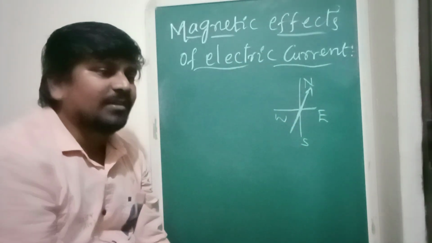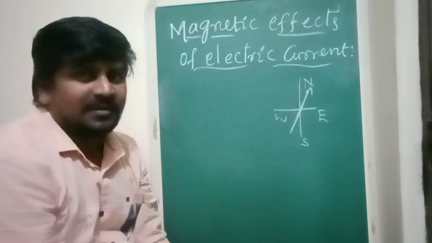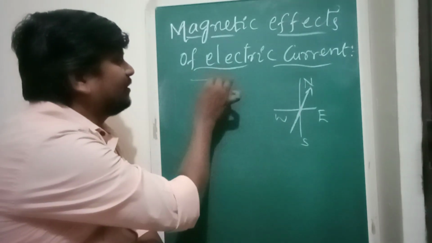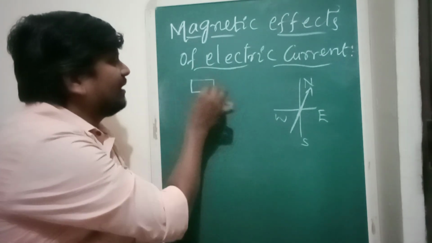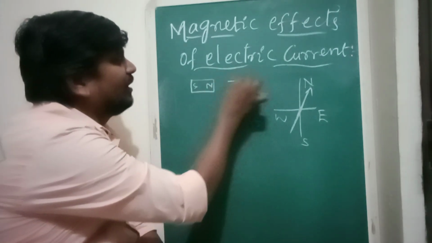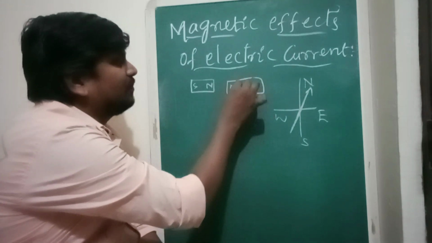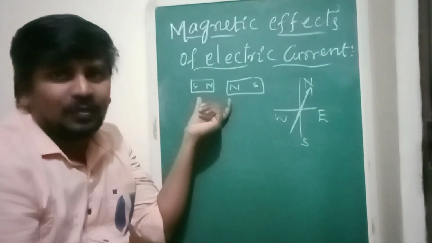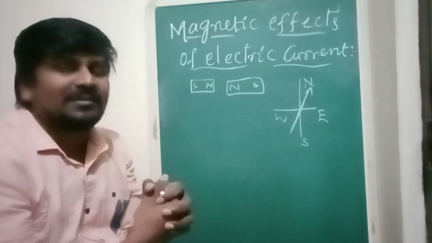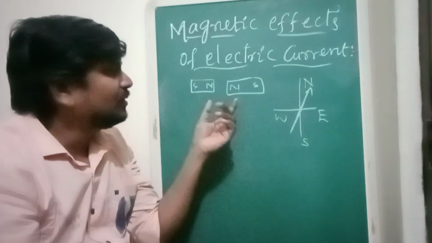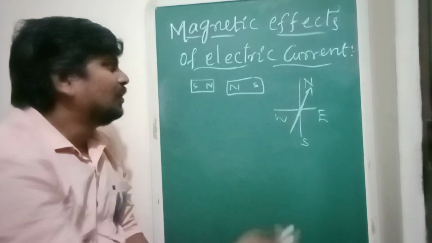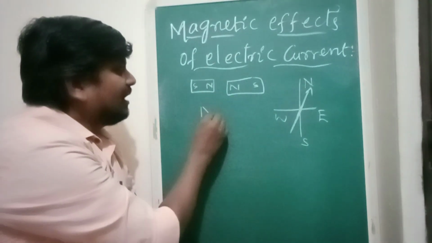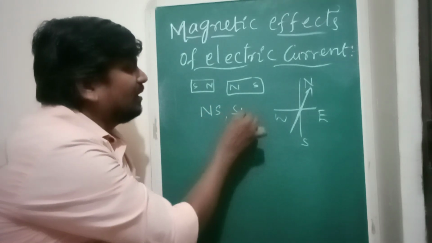Next one, the attractive property, and the repulsive property also we can see. So this is one magnet, with a north pole and a south pole. This is one more magnet, with a north pole and a south pole. Two same poles will repel each other. Two different poles will attract each other, like north and south, south and north.